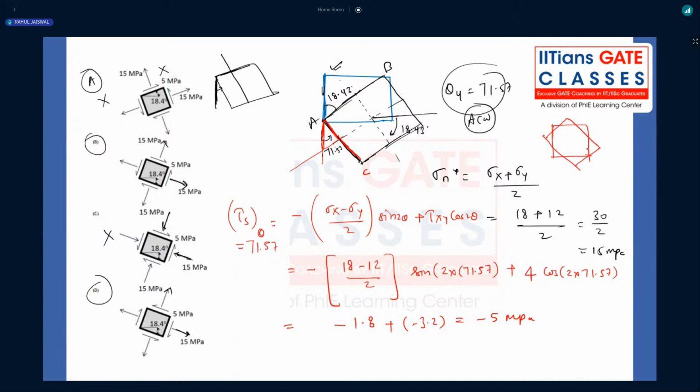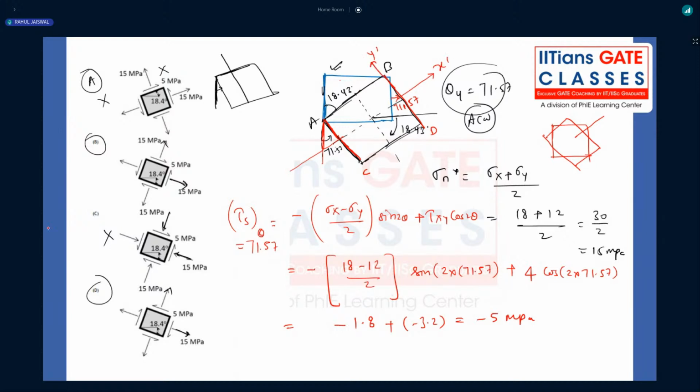So what is my coordinate system? We can take this AC plane or BD plane, both are the same plane. Theta will also be the same, 71.57, right? Initially the axis was x, now it has been tilted to x dash, and y has been tilted to y dash, right?